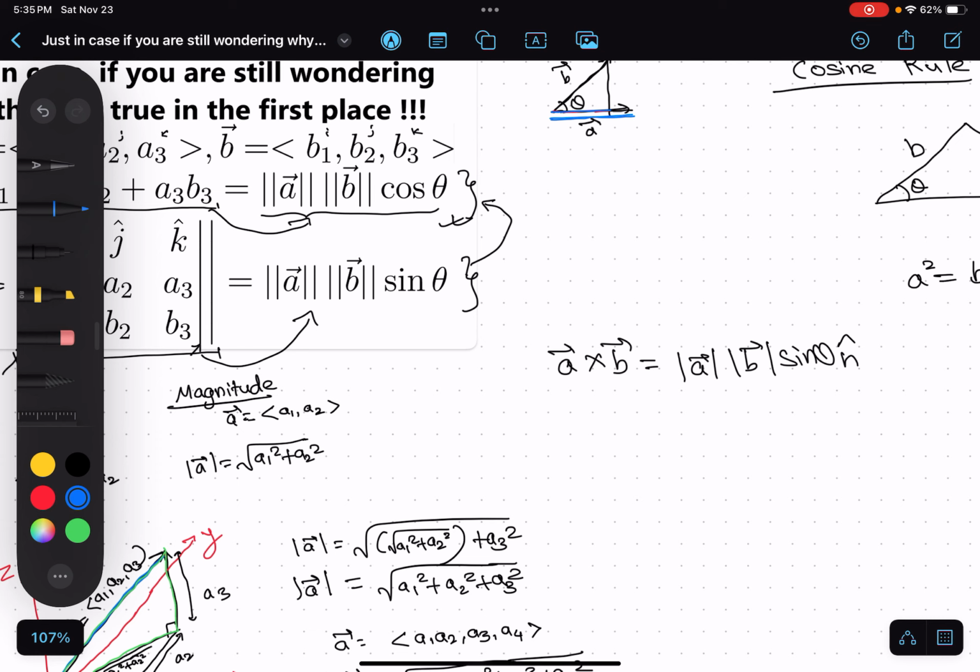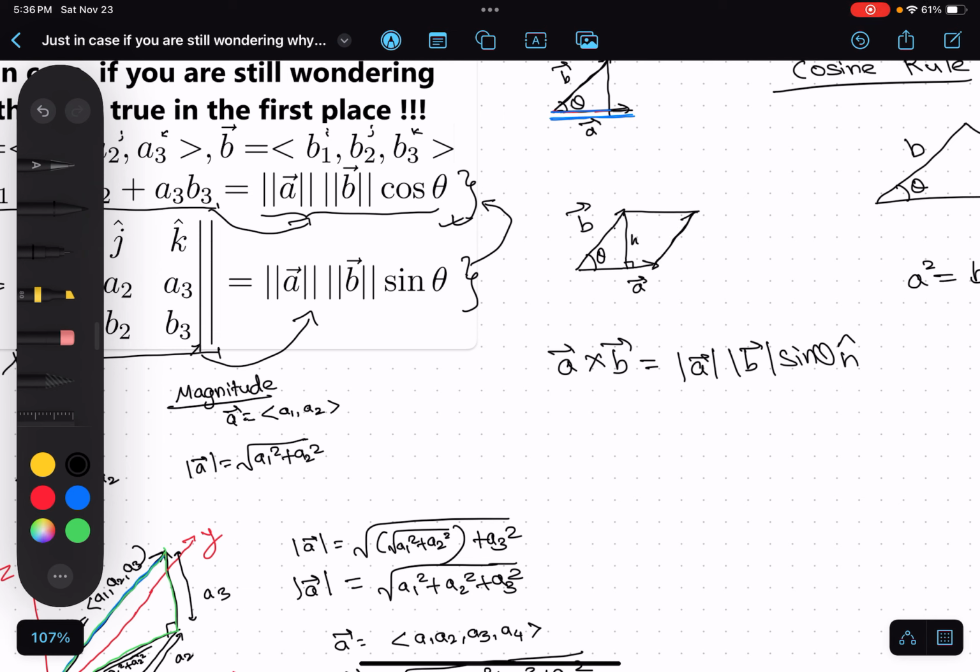For the next one, if this is a vector, this is b vector, right? The magnitude of a vector cross b vector, ab sine theta, just gives us this. This is theta. Since b sine theta is just this height, if I multiply a with it, I will just get the area of this parallelogram with b vector being extended to this side.